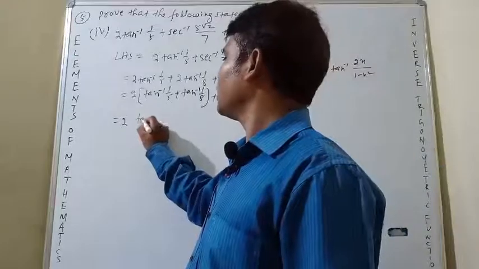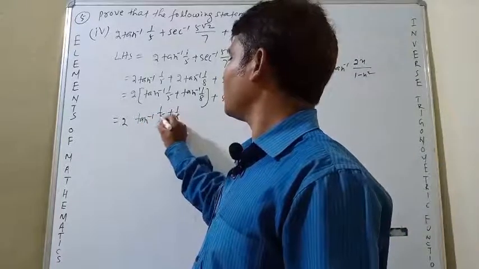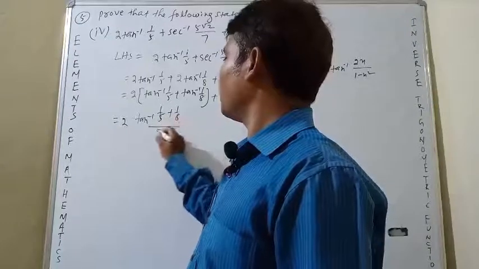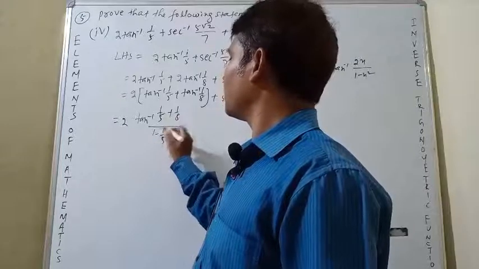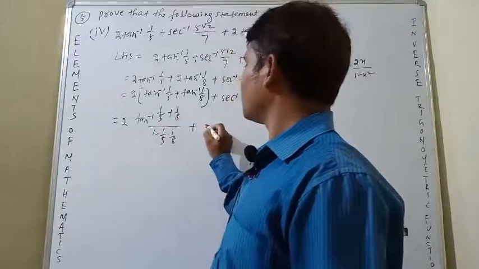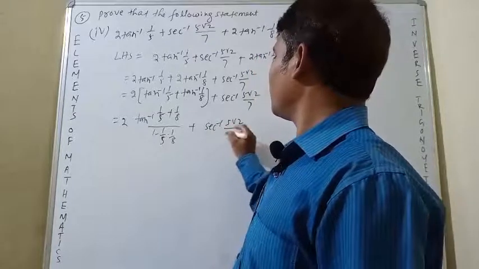That is tan inverse 1 by 5 plus 1 by 8, divided by 1 minus 1 by 5 into 1 by 8, plus sec inverse 5 root 2 divide 7.